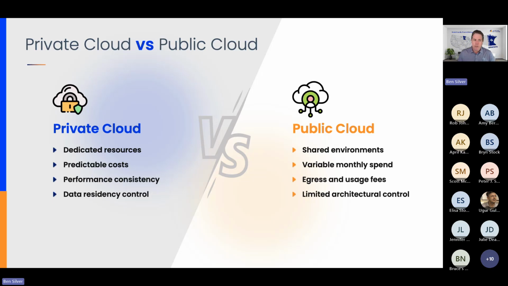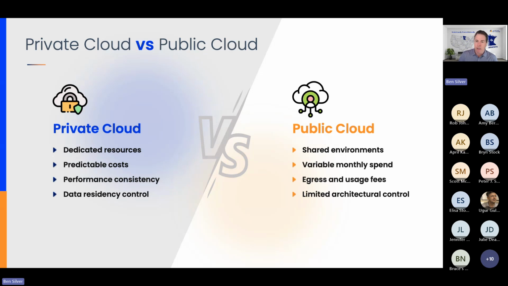Conversely, in our private cloud solution, you get dedicated resources for your environment. So if you're built out with 16 cores, 2 gig of RAM, and 2 terabytes of hard drive, that is allocated directly for you. It is not shared across multiple organizations. We also, because it's within our own cloud, are able to provide predictable costs.